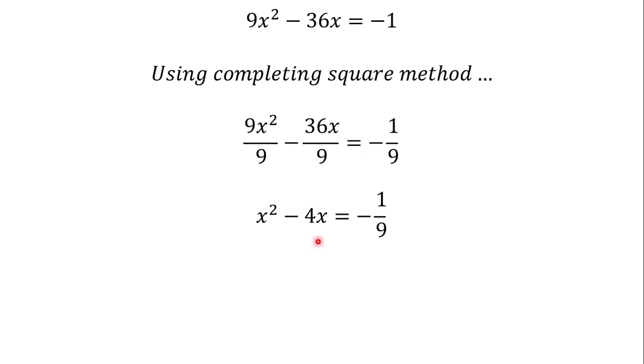But because ours is of this form, I'm just going to add the square of half of the coefficient of x to both sides of the equation. So please, when you square it, don't find the actual value unless you put it into the equation.